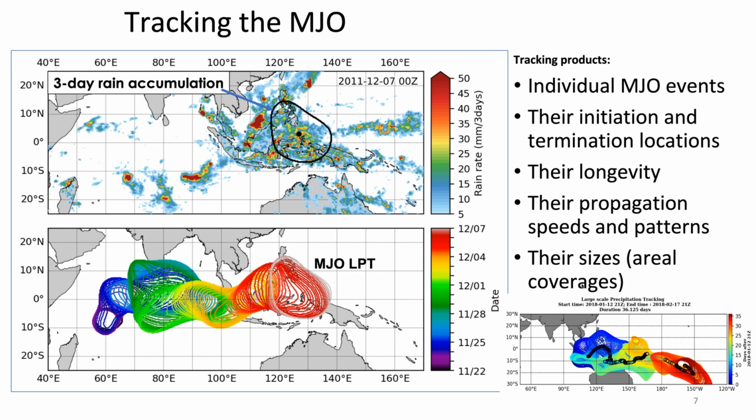And so in this case, this is an MGO event. This tracking has an advantage that it can track the motion in all directions, zonal direction, meridional direction, east to west, north south. This doesn't matter. It can track.